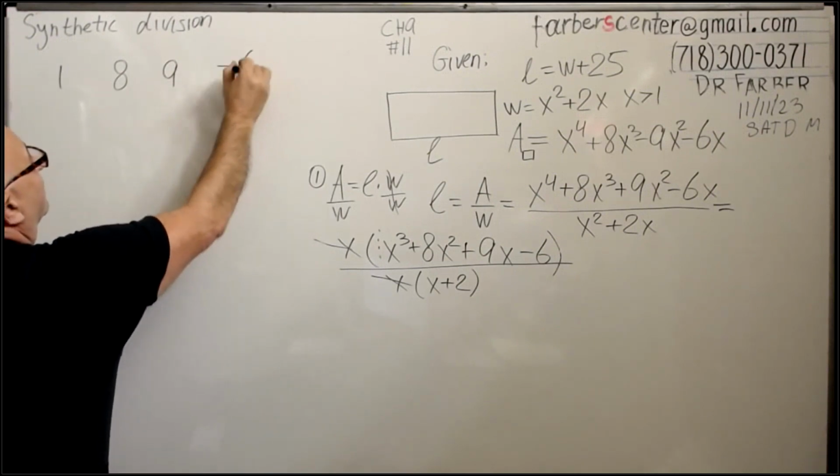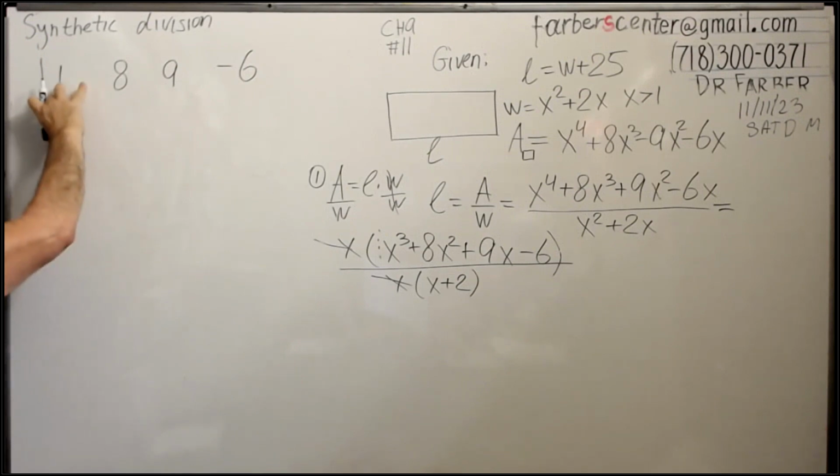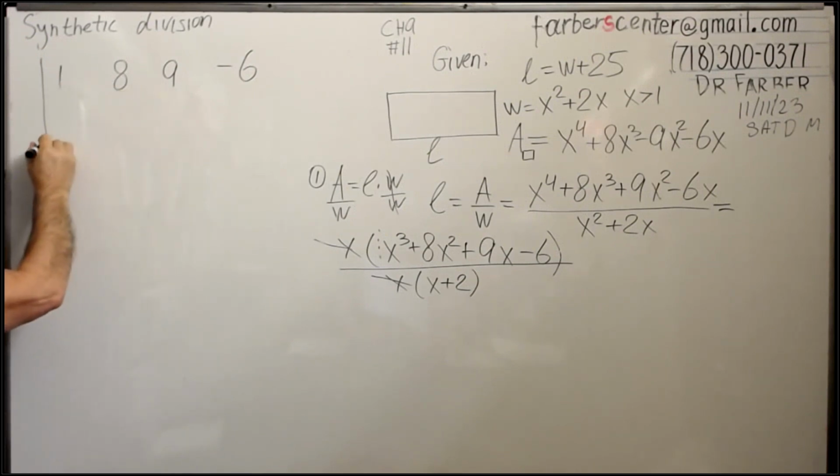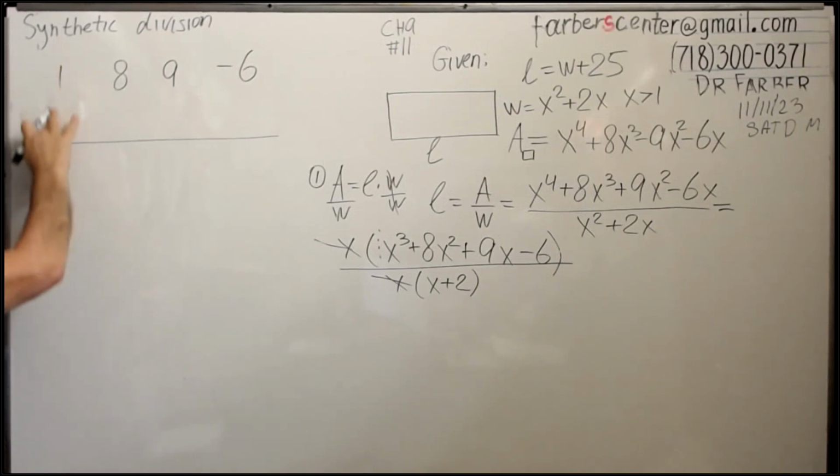What I did, I just wrote the coefficients. Step number 1, write these coefficients. Step number 2, make this angle like this, with some room here, and bring down 1.